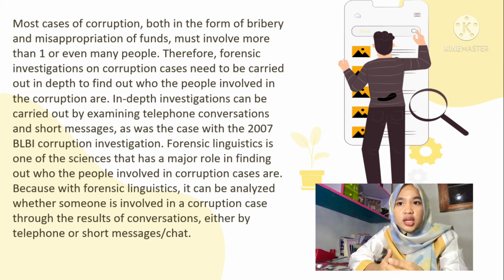Forensic linguistics is one of the sciences that has a major role in finding out who the people involved in corruption cases are. Because with forensic linguistics, it can be analyzed whether someone is involved in the corruption cases through the result of conversation, either by telephone or short message or chat.